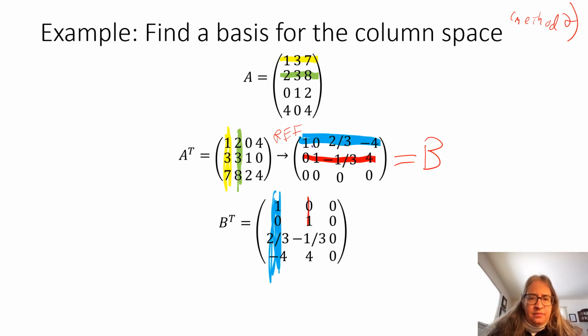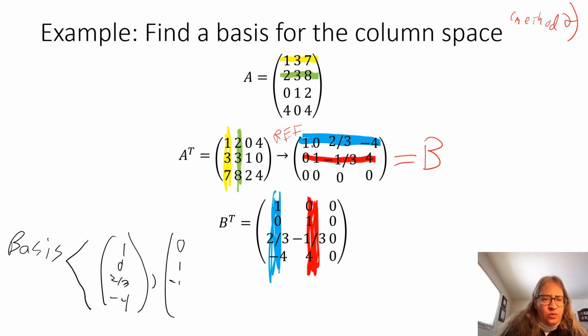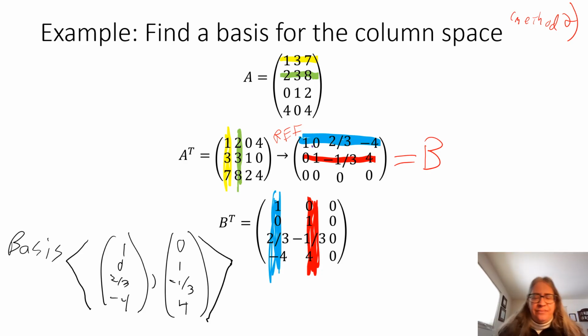Second row becomes my second column, and so on. Okay, then what I'm supposed to do now that I've transposed back is the non-zero columns become my basis. Let me write that over here. So what's the basis for the column space? (1, 0, 2/3, -4) and (0, 1, -1/3, 4). Just like that.